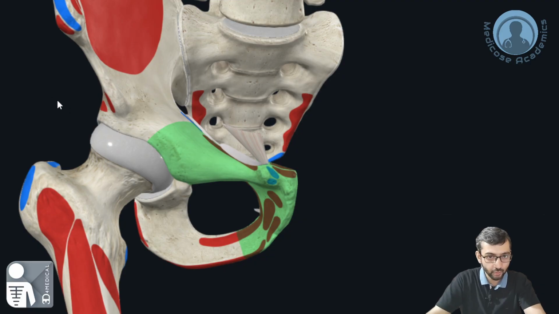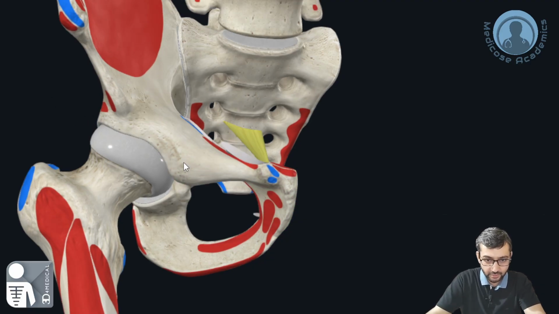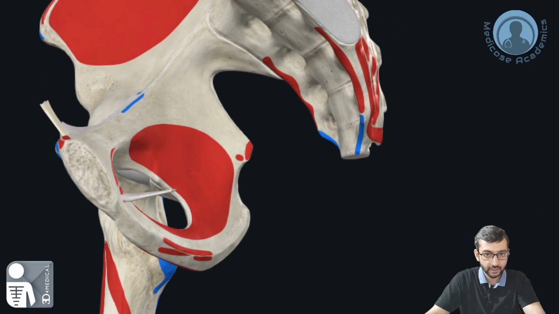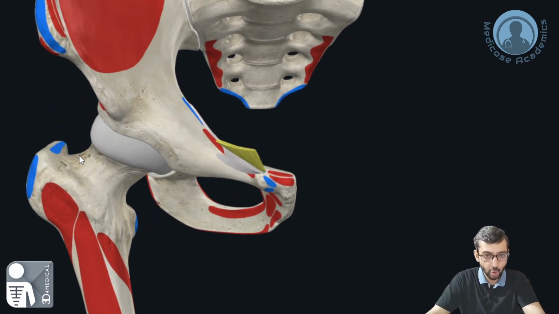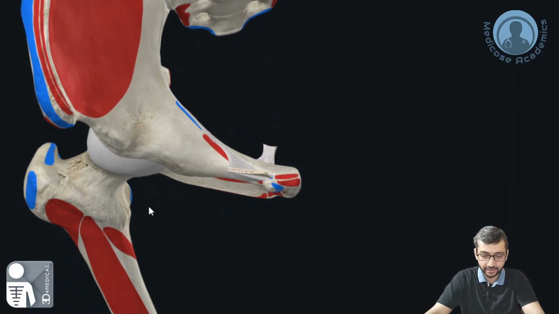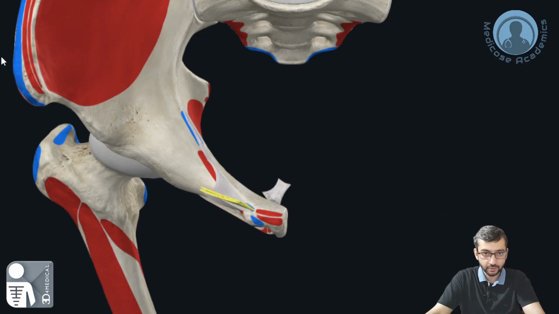This is called the conjoint tendon, and the conjoint tendon is basically the common insertion of the transversus abdominis and internal oblique muscle. So that's that. And let me bring back the inguinal ligament.